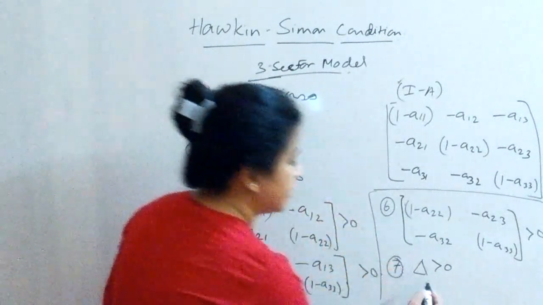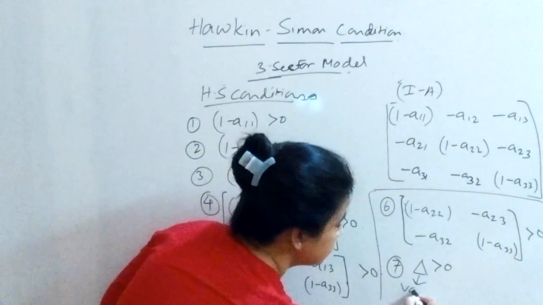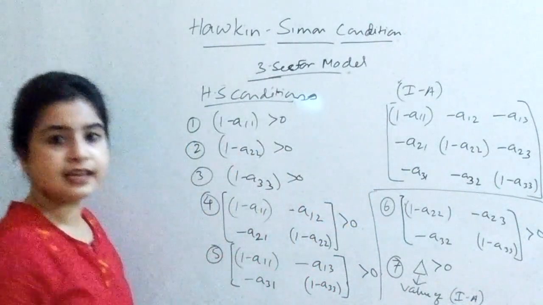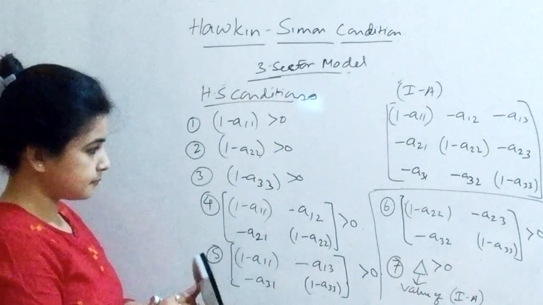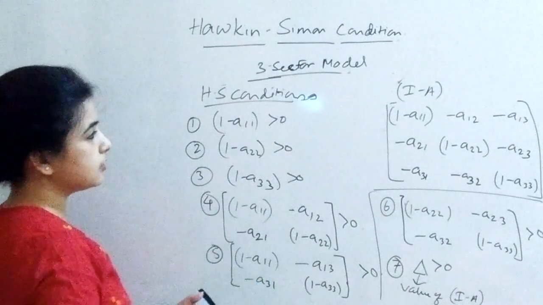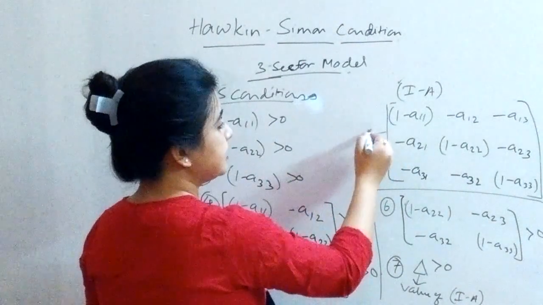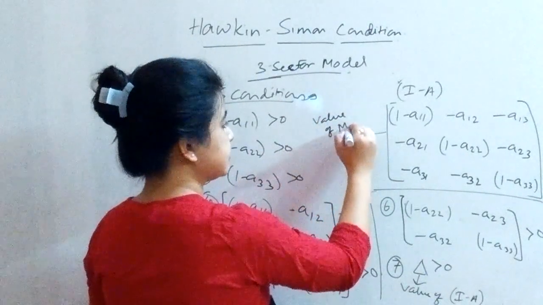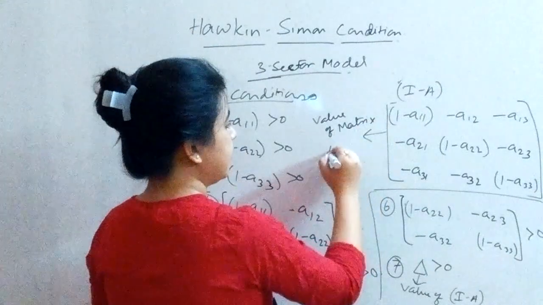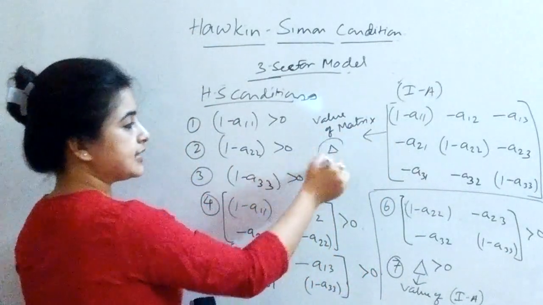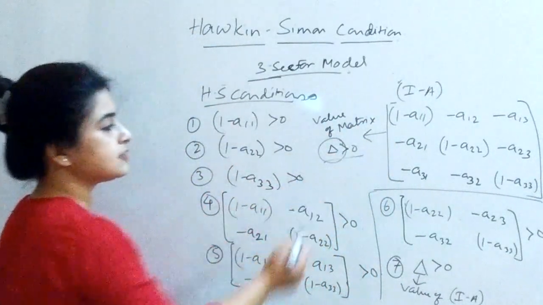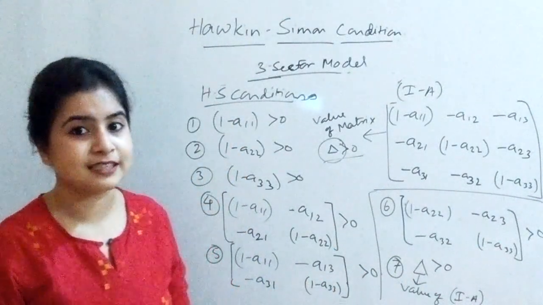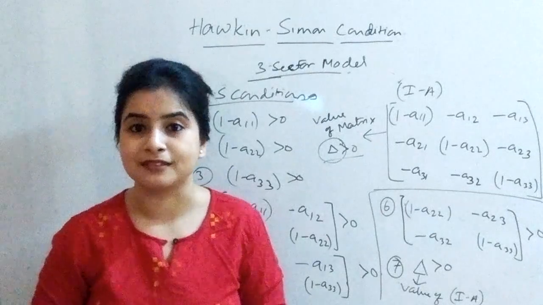I am just writing what is delta: the value of I minus A. So if you find the value of this matrix, I am denoting that as delta and this needs to be positive. So this makes our seventh and final condition of Hawking-Simon for the three-sector model.